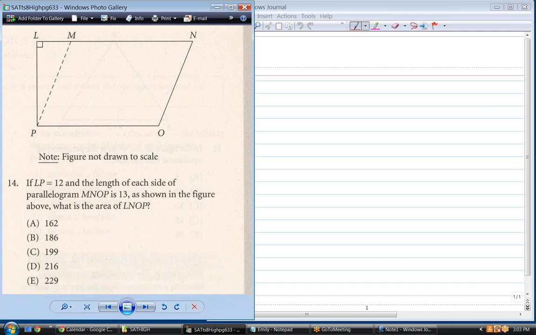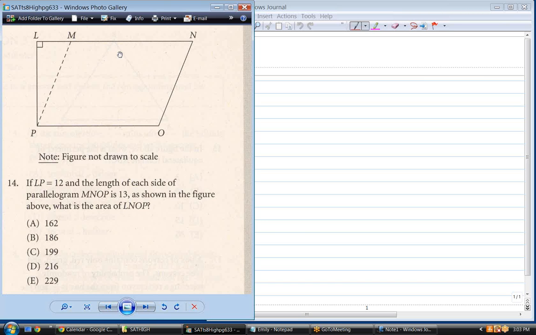Wait, so when they say that the length of each side of parallelogram NMOP is 13, which sides are they referring to? Well, this side is 13, that side is 13, that side is 13. I understand. Never mind. That's all right. So what is the area of LNOP?